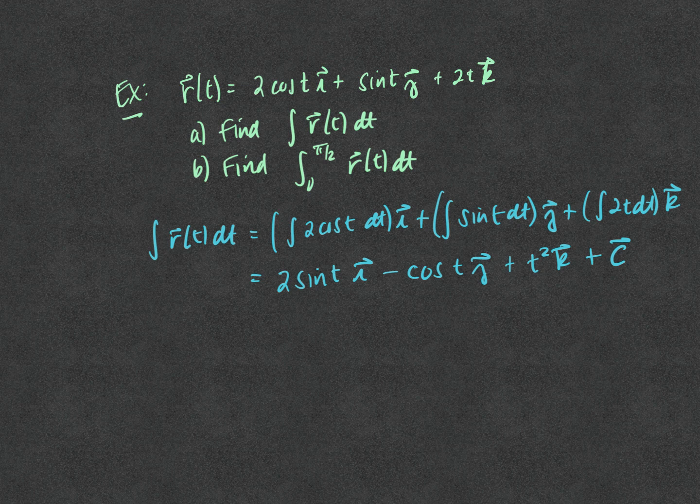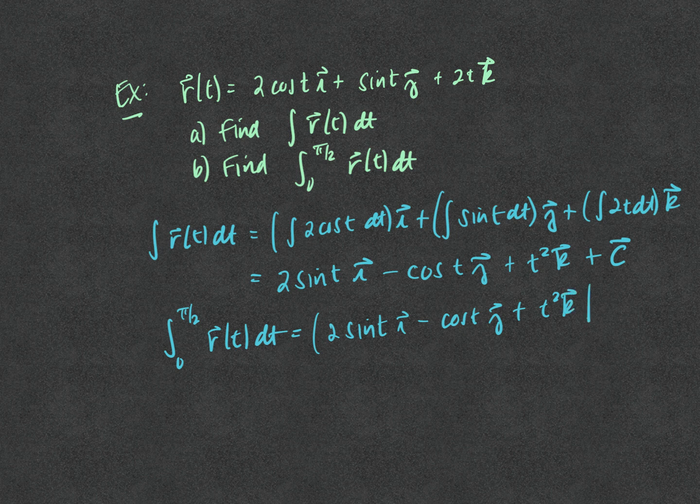So now when we do part B from 0 to pi over 2, r of t dt, then we're going to have parentheses 2 sine of t i minus cosine of t j plus t squared k, and the bounds are from 0 to pi over 2, just like we did before. So now I'm going to plug these in and say 2 sine of pi over 2. Sine of pi over 2 is 1, i, minus cosine of pi over 2.